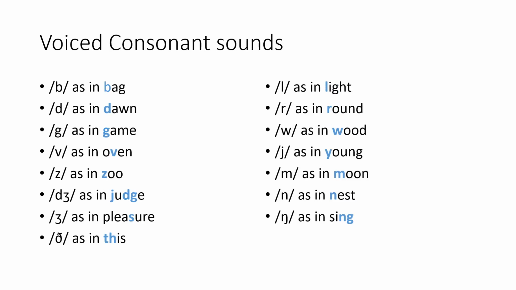And the voiced consonant sounds. B as in bag, D as in dawn, G as in game, V as in oven, Z as in zoo, J as in judge, J as in pleasure, Z as in this, L as in light, R as in round, W as in wood, J as in young, M as in moon, N as in nest, and Ng as in sing.